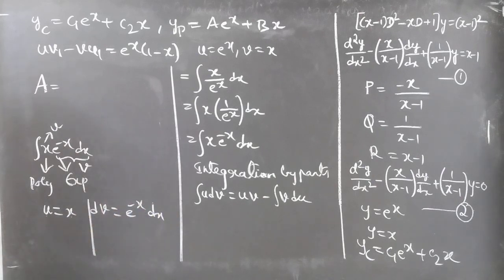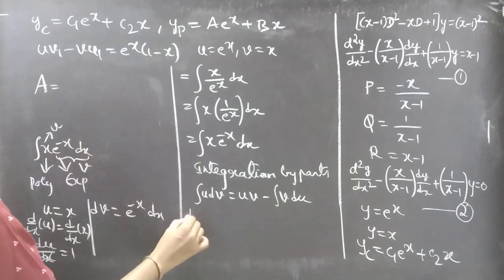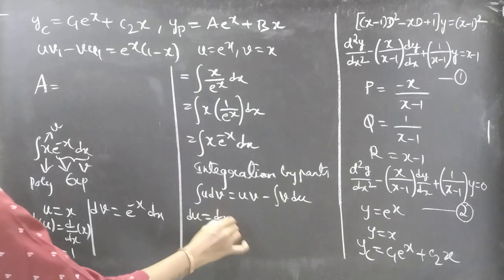Now differentiate on both sides with respect to x, then you'll get the derivative of u with respect to x equal to the derivative of x with respect to x, which is 1, right? So from du by dx equals 1, you'll get du equals dx.